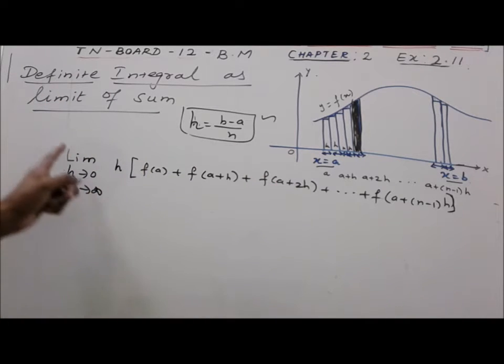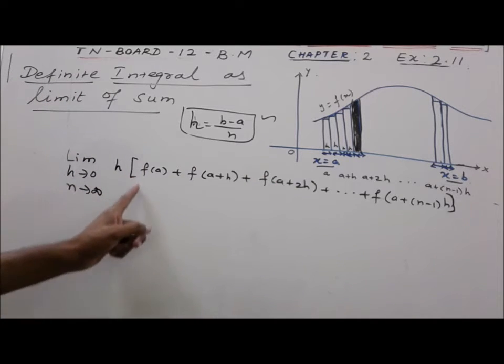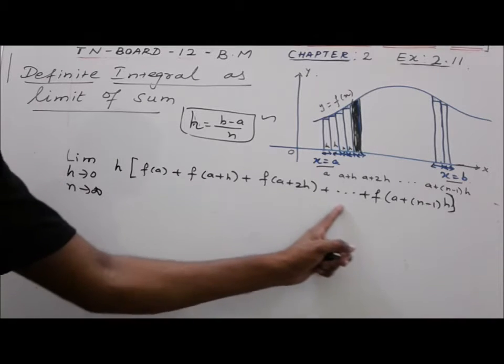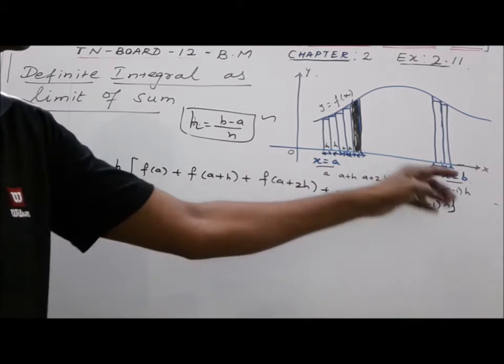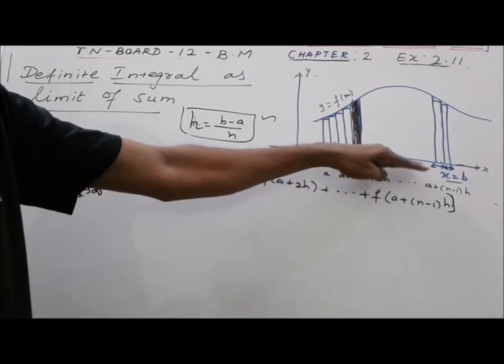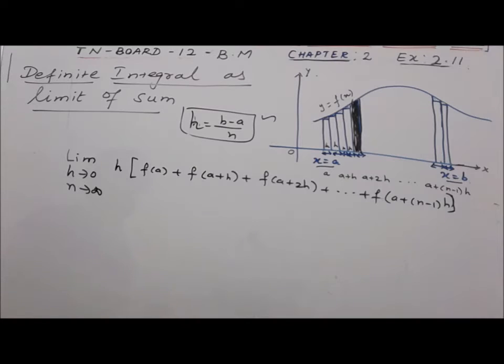So totally, the limit as h tends to 0 and n tends to infinity of h into f of a plus h plus f of a plus 2h and so on will yield the total area between a and b with the x-axis under the curve y equal to f of x.